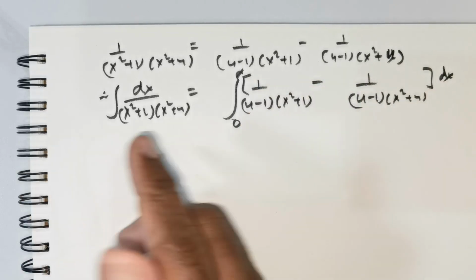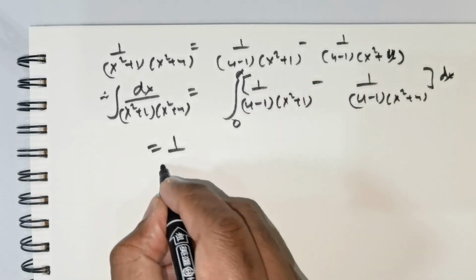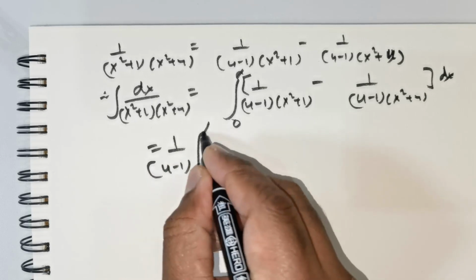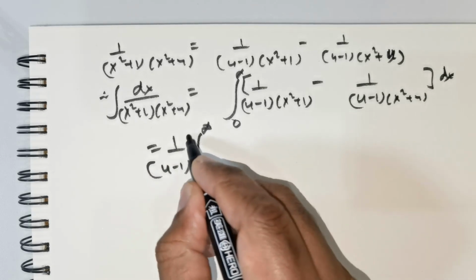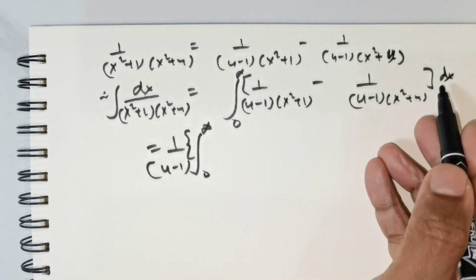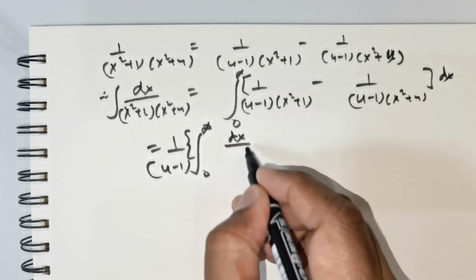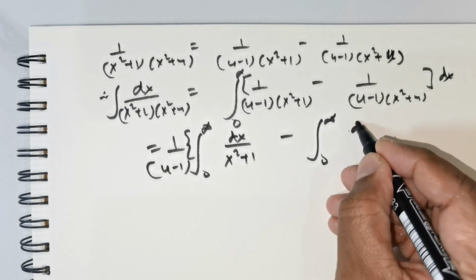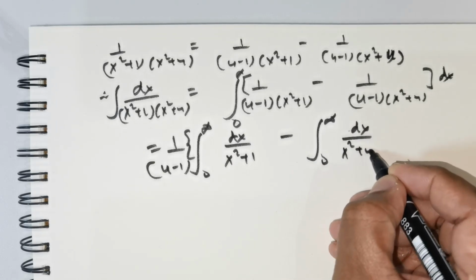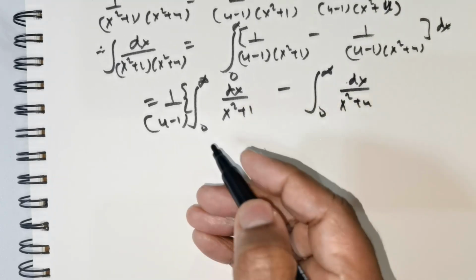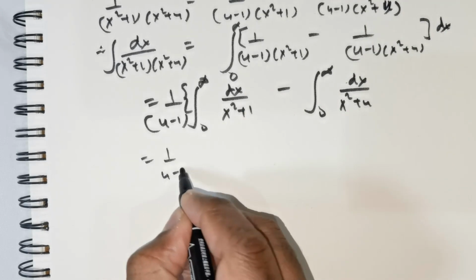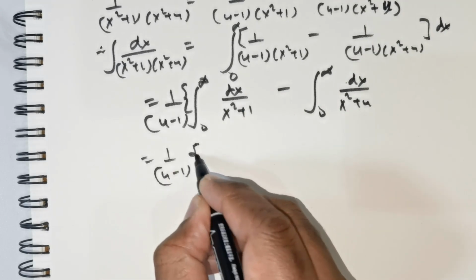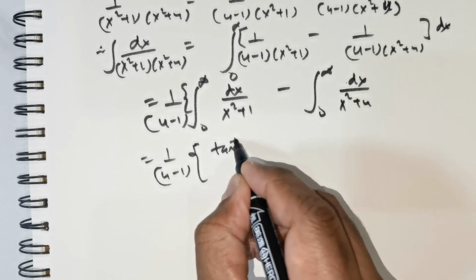U minus 1, you can take it out. So it's going to be 1 over u minus 1, integral 0 to infinity. Now I want to distribute dx. So it's going to be dx over x squared plus 1 minus integral 0 to infinity dx over x squared plus u. Now this is tan inverse of x, so this is 1 over u minus 1 tan inverse of x.